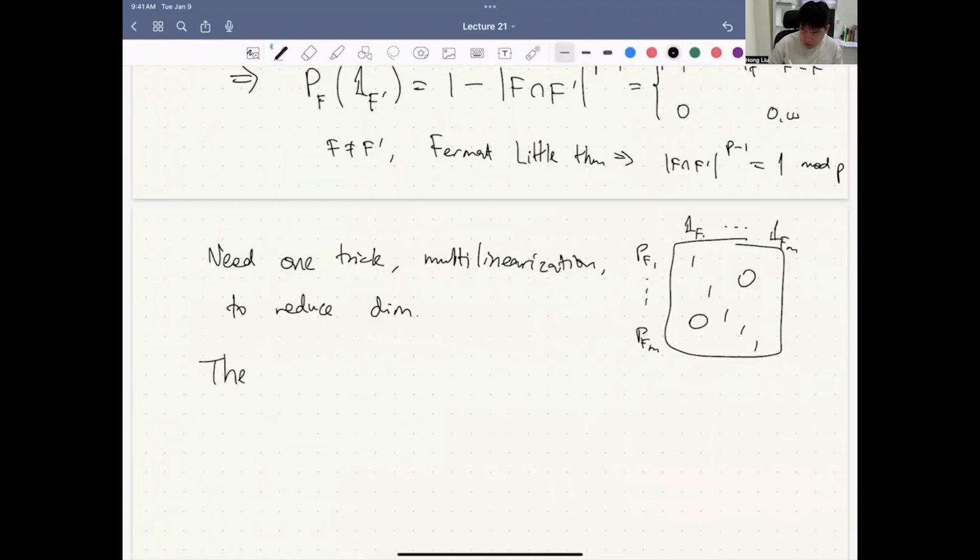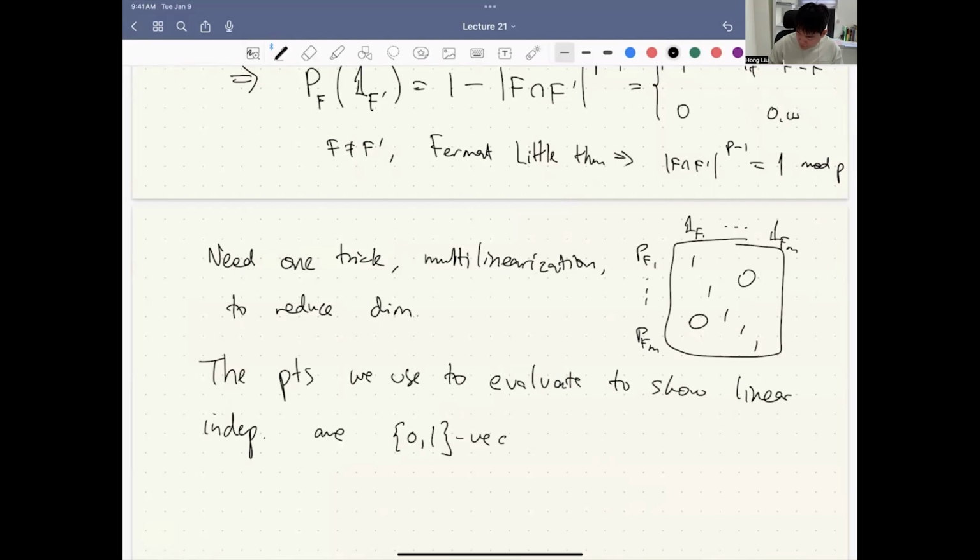Note that the points we use to show linear independence are 0, 1 vectors.